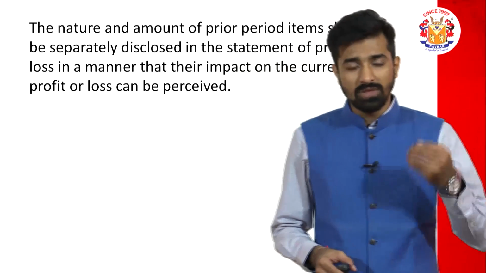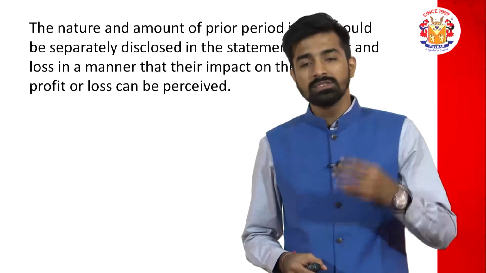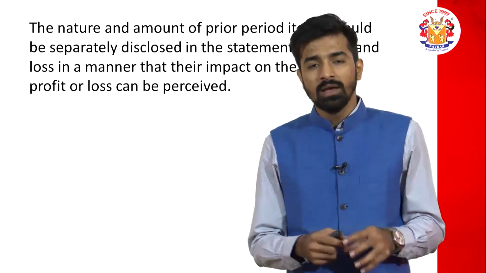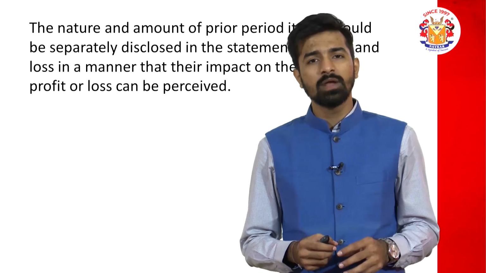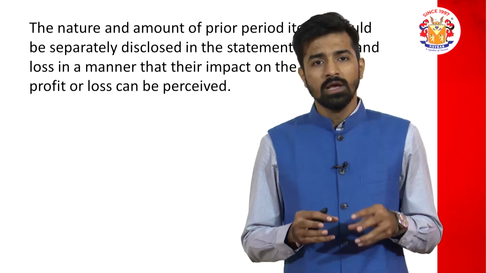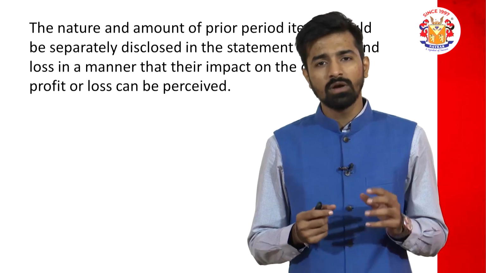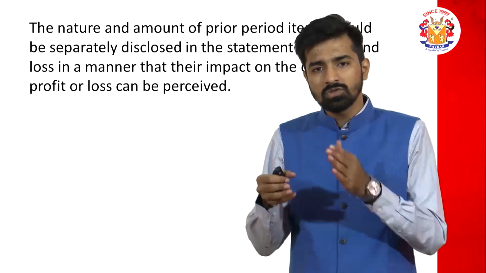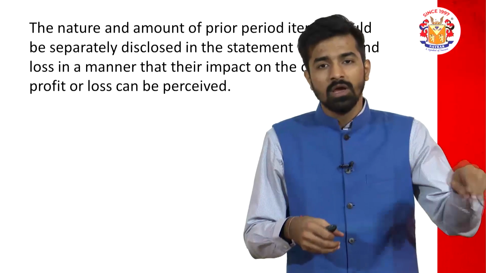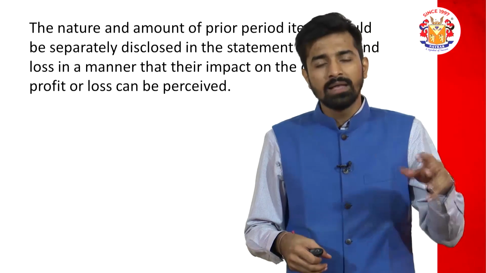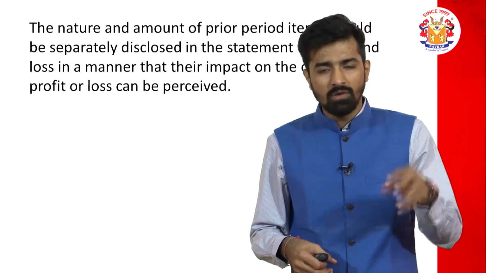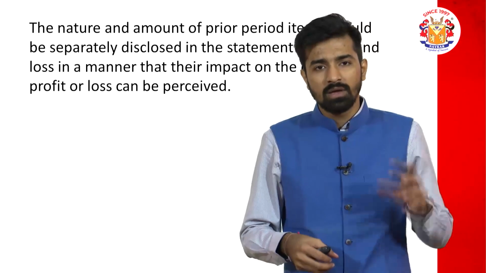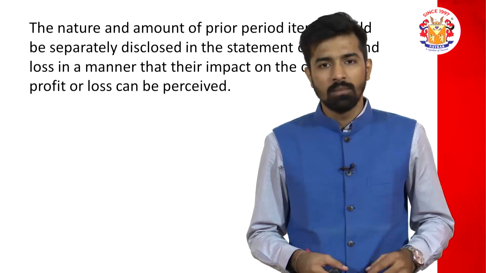So that the shareholders know what is the actual profit figure of the current year, because this is related to the prior period. Otherwise the shareholders would not know what would be the current year's profit. So they should be separately disclosed, so that their impact on the current year's profit would be known to the shareholders, and they can now decide what is the current year's actual position of the company.